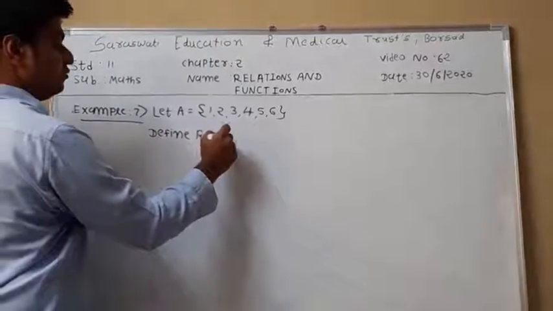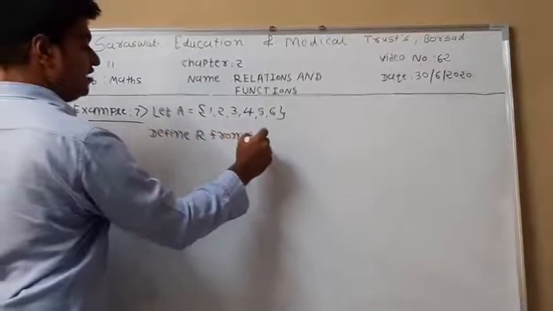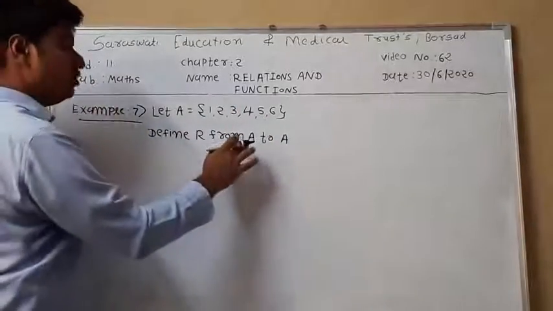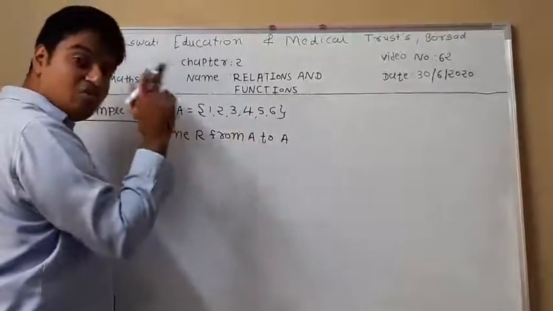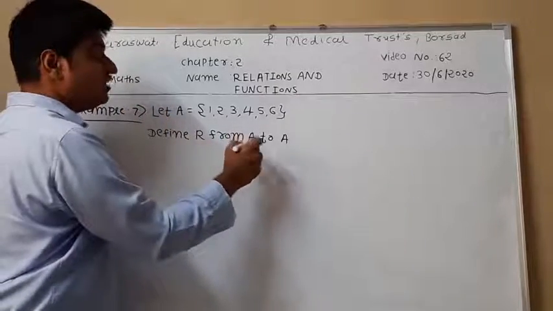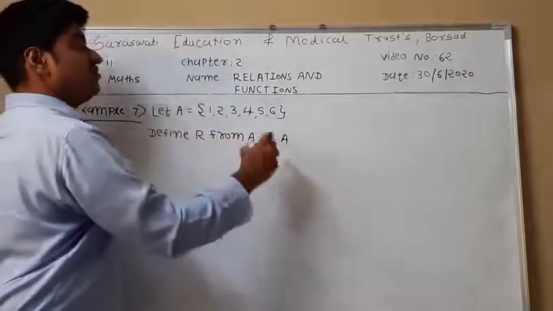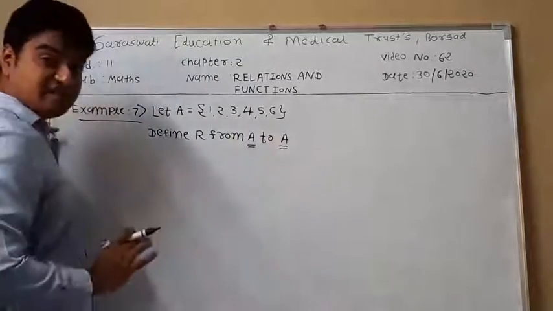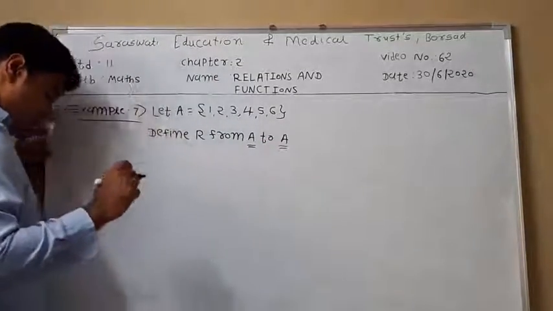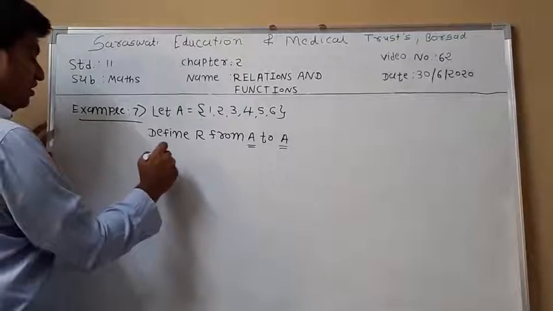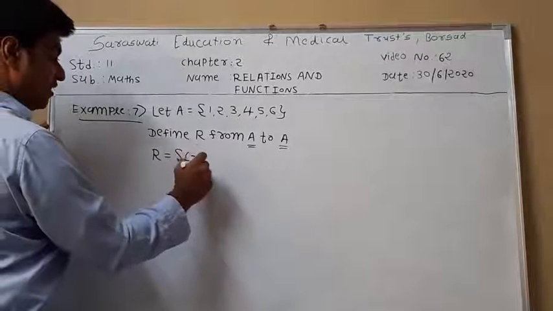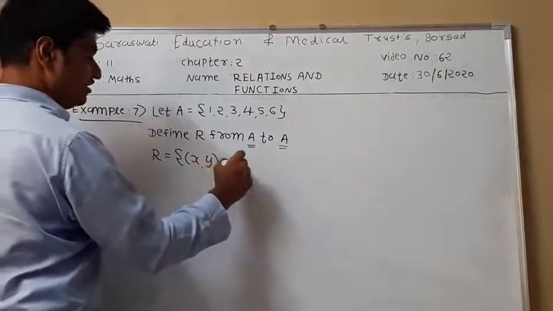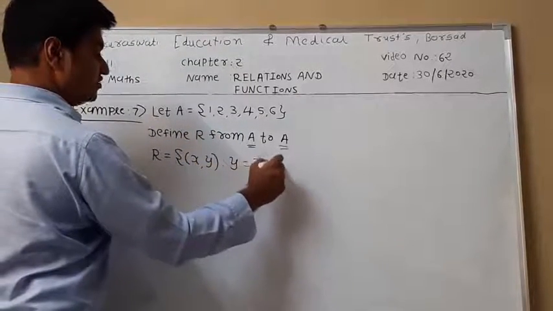R from A to A. That means the domain elements are present in set A, as well as the range elements are also present in set A. Now here the condition is R is equal to the set of (x, y) where y is equal to x plus 1.